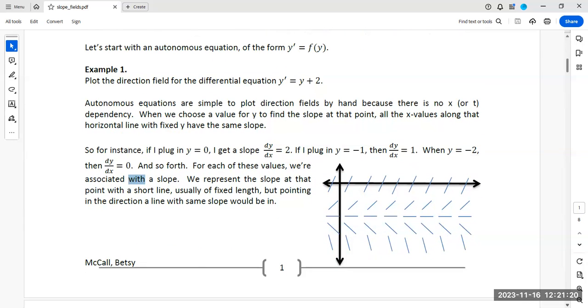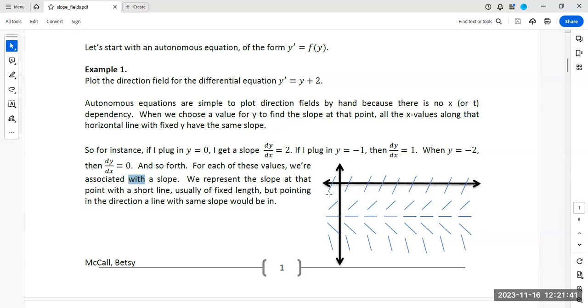Now, if we wanted to plot this slope field by hand, we would basically choose a point in space, and then we would plug it into the differential equation to obtain the slope. So for instance, if I start with y equals 0, I would plug in y equals 0 here, and I would get a slope of 2.